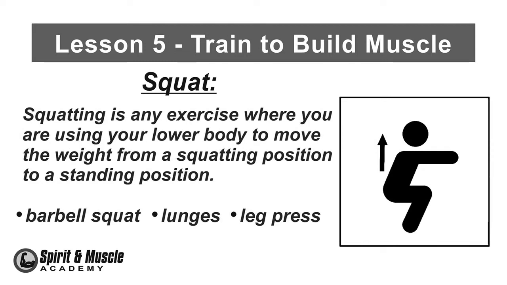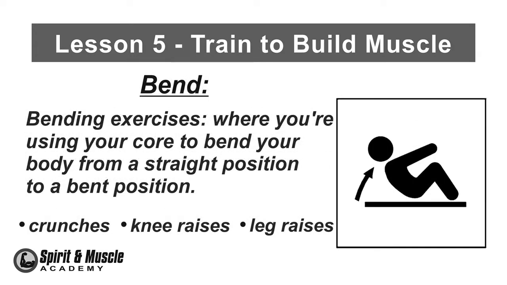Squat. Squatting, as you might guess, is any exercise where you're using your lower body to move the weight from a squatting position to a standing position. Squatting exercises use primarily quadriceps and use hamstrings and glutes more or less depending on foot positioning and the specific exercise. Squatting exercises include the barbell squat, lunges, and leg press. Bend. Bending exercises are for your core and your abs specifically.